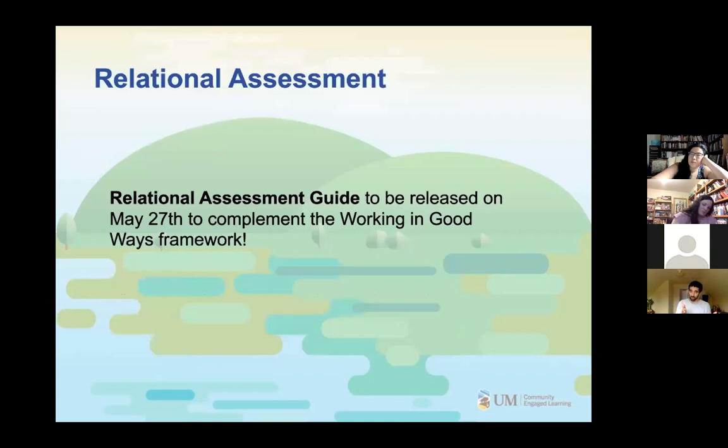So in the same way as with the systems change tool, when we release the framework on May 27 during the launch, we'll also be releasing a relational assessment guide.